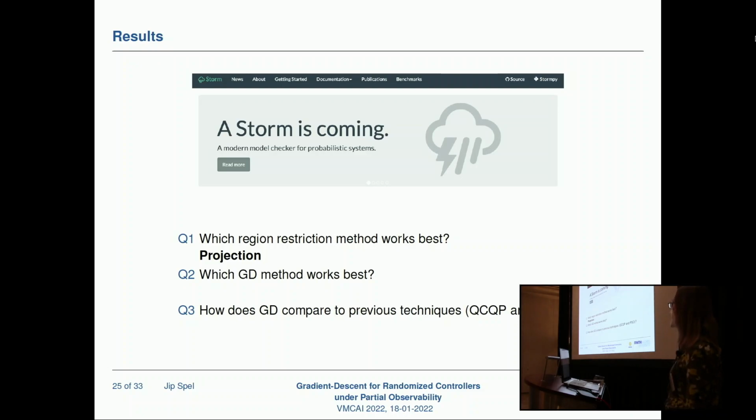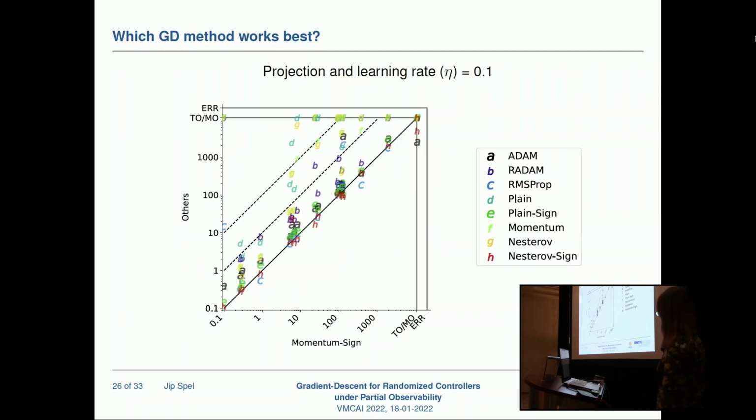Next, we ask ourselves, which gradient descent method works best? And here you see we fixed it to projection and a learning rate of 0.1. And on the x-axis, you see momentum sign, and on the y-axis, you see all other methods we had. And each letter corresponds to a case study we had.